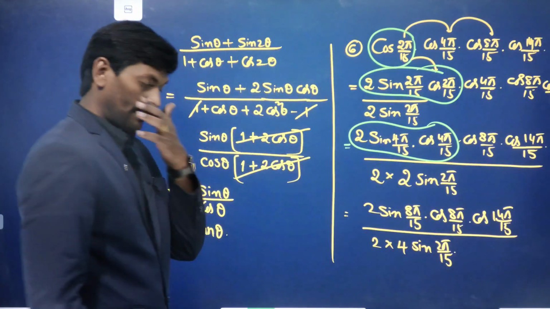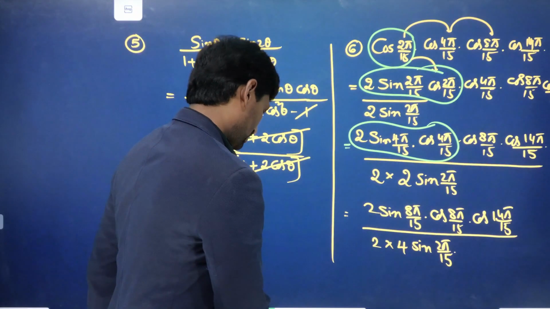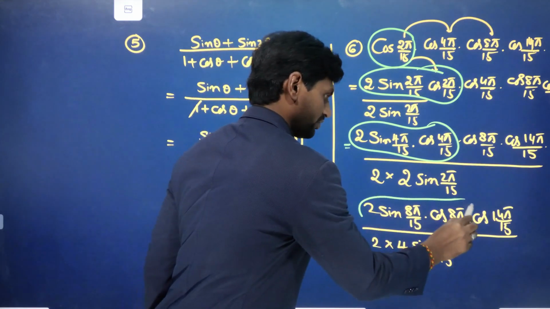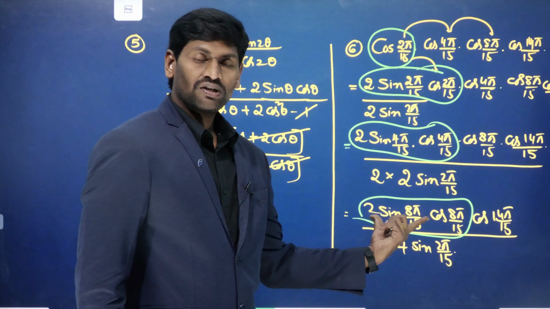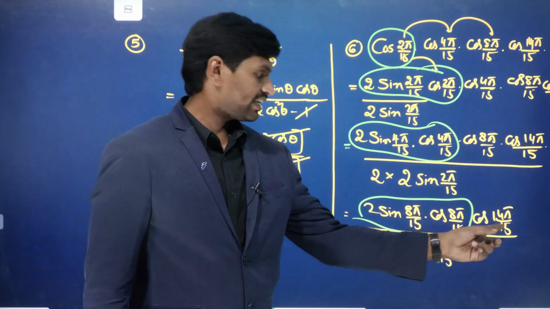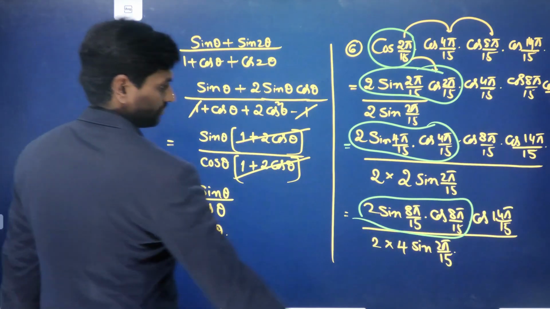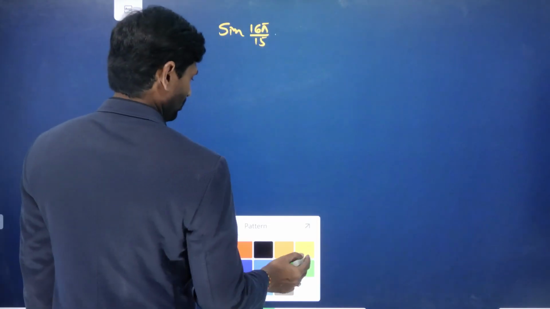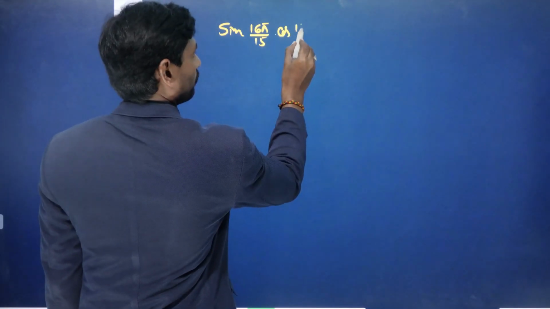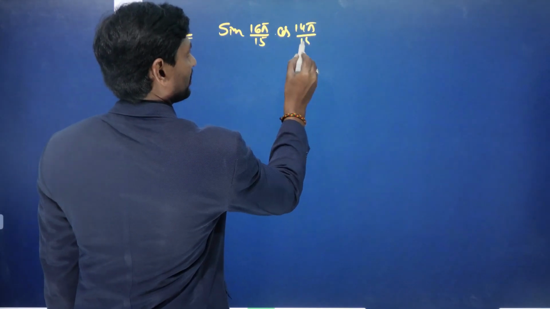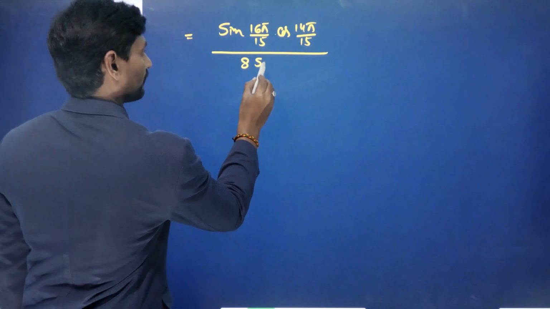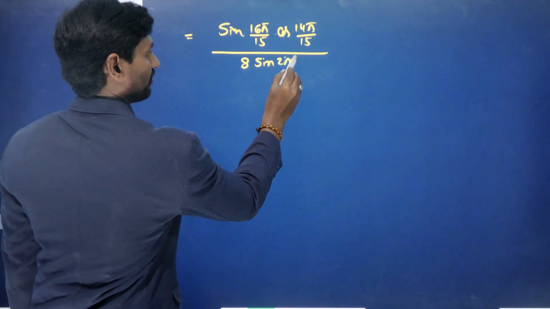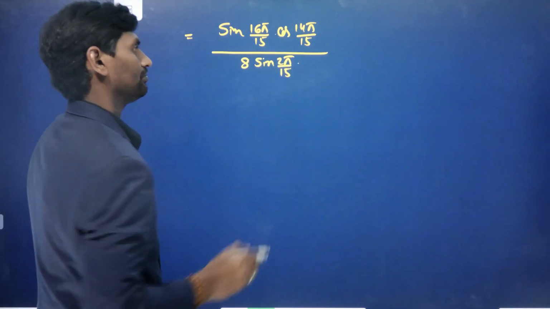This one is in the form of sin 2 theta, 2 sin theta cos theta. So we can write sin 16 pi by 15 and the remaining cos 14 pi by 15. The denominator, 2 into 4, will be 8 sin 2 pi by 15 as it is.